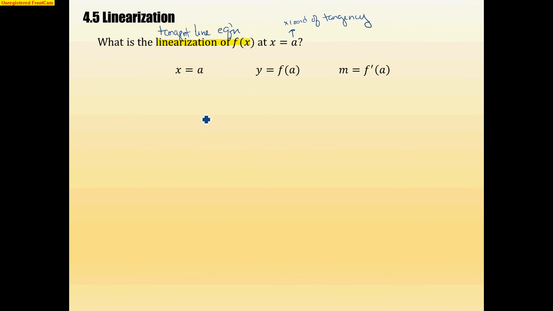So what's the information I need? I need the x coordinate of tangency, the y coordinate of tangency, and the slope at the point of tangency. Those are the things I need to write the equation of a line.